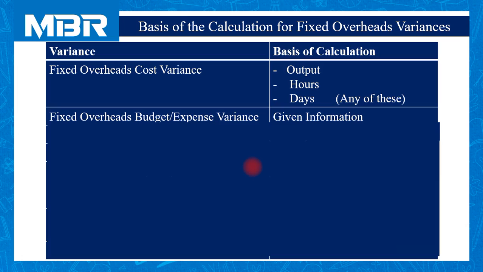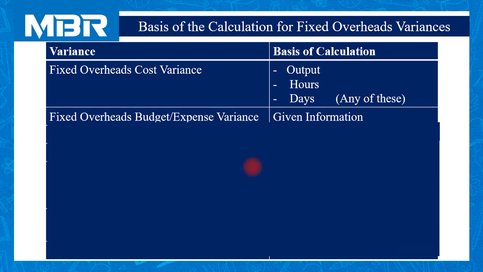Same as earlier variances, like variable overhead cost variances. We have completed our calculation of variable overhead cost variances based on hours and output. In the same way, we can use all 3 bases as an alternative.